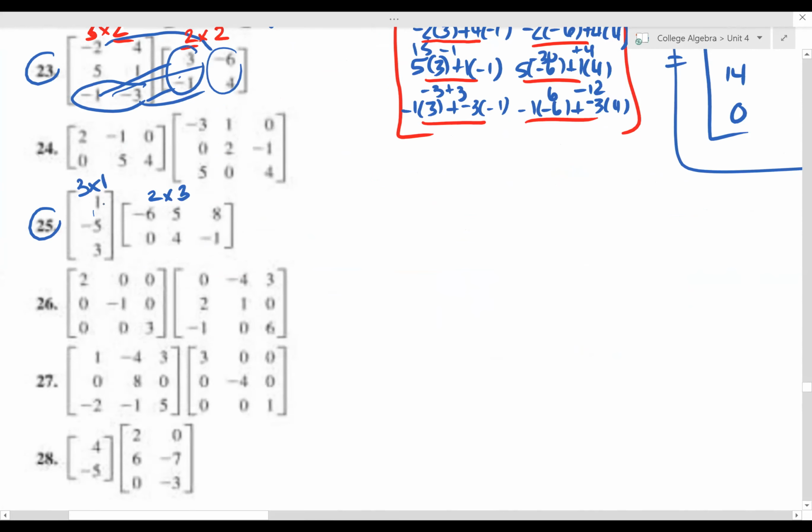Okay, so we would first do row 1 by column 1, and notice that you kind of get stuck here because you would start by doing 1 times negative 6 plus, but then you don't have a second position to multiply by the 0, so that's why it's not possible. You're missing that second number in the row to match it up with the second number in the column. So you've got to have 2 numbers in the rows if you've got 2 numbers in the columns. So that's why that will not work.